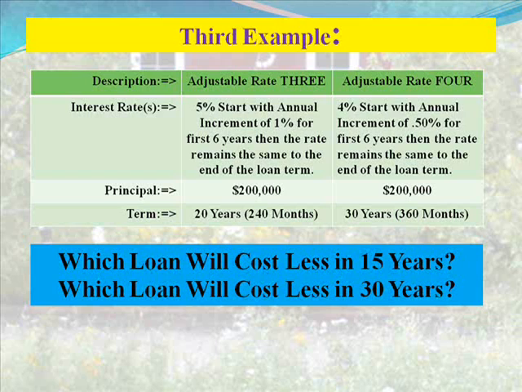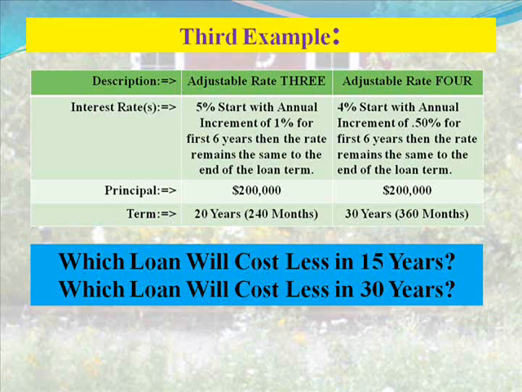Then the rate remains the same to the end of the loan term. The principal will be $200,000. And here's an important difference. The term for adjustable rate 3 will be 20 years or 240 months.